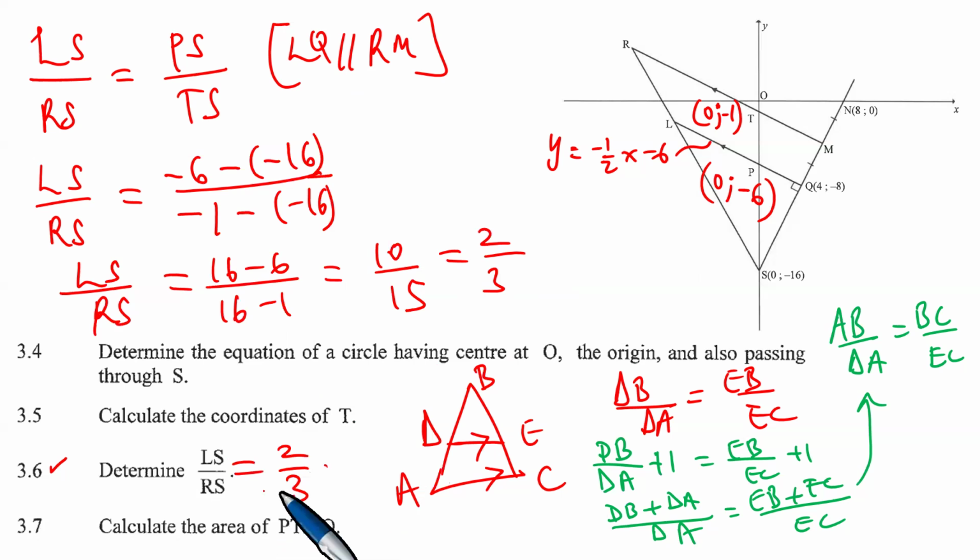So the ratio of LS to RS is 2 out of 3. Where's the question here? Who is confused?